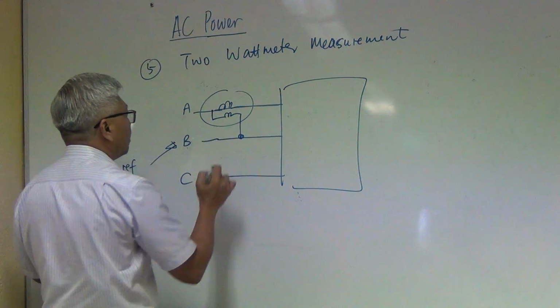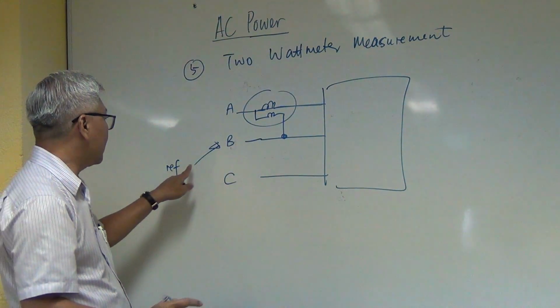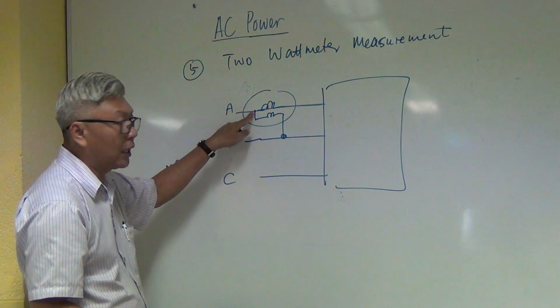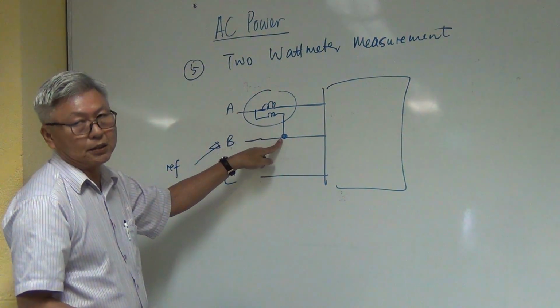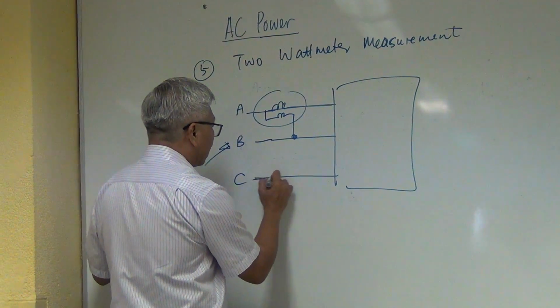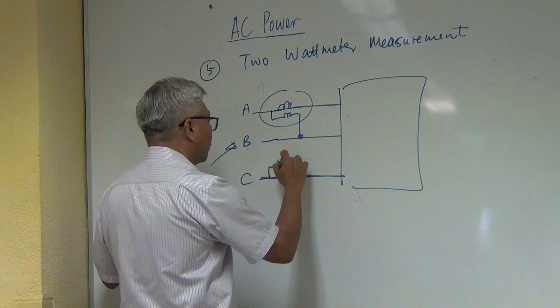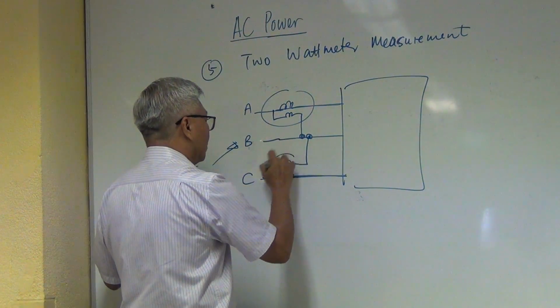The voltage is measured with respect to the reference phase. Since B is my reference, the voltage I measure is phase A with respect to phase B. The second wattmeter, I put in C.